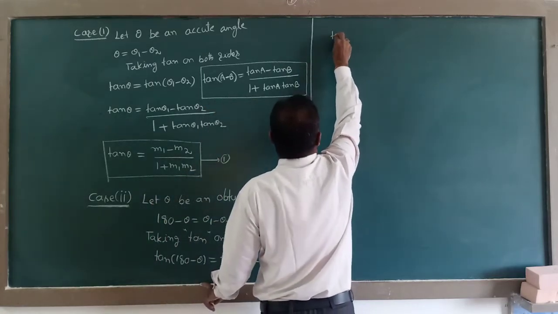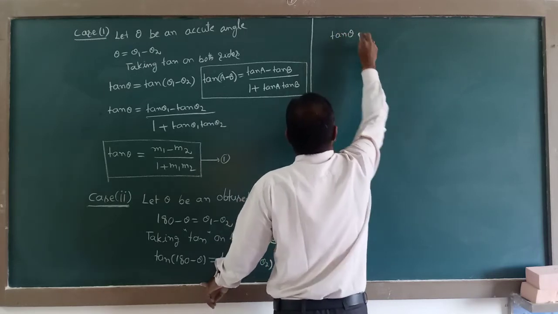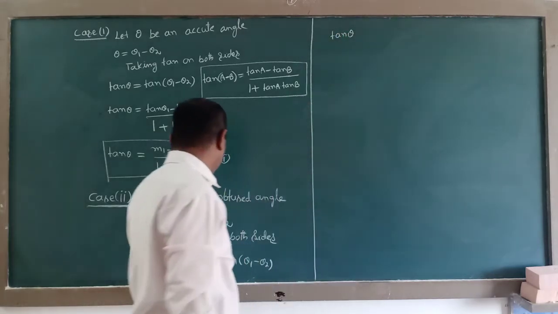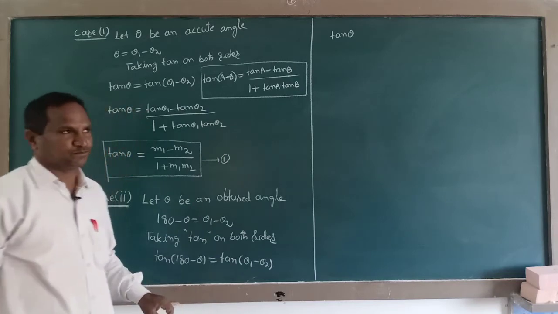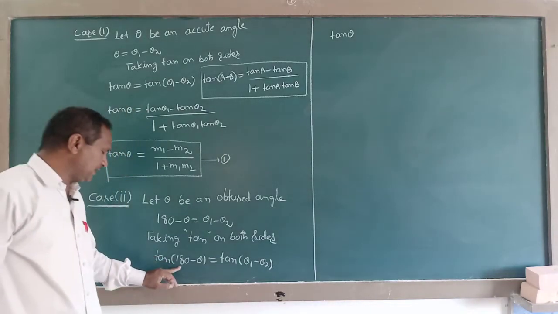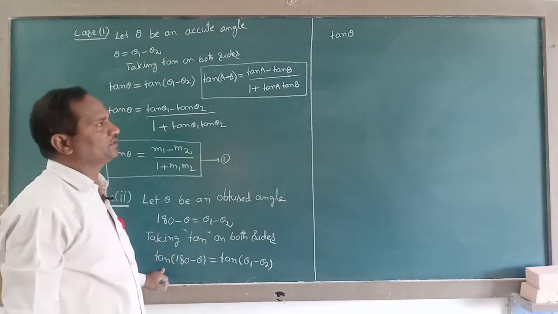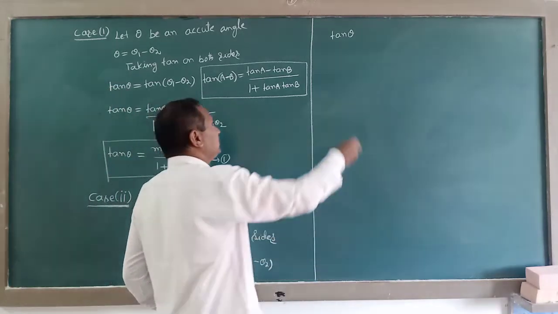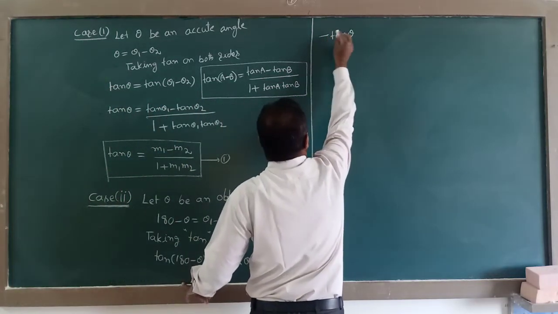At the same time, 180 minus theta lies in the second quadrant. In the second quadrant, tan is always negative. That's why the resulting function also becomes negative here.